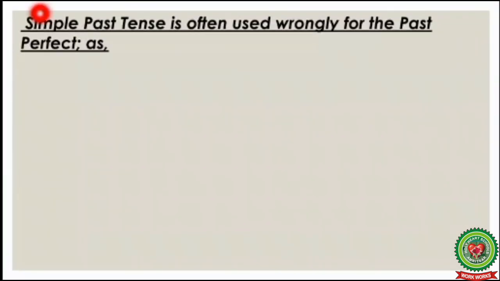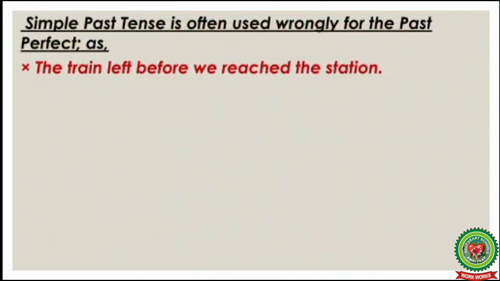Students, simple past tense is often used wrongly for the past perfect. For example, the train left before we reached the station. Children, there are two actions taking place here. These sentences are often used by joining after or before.